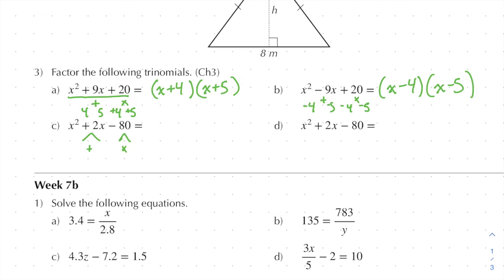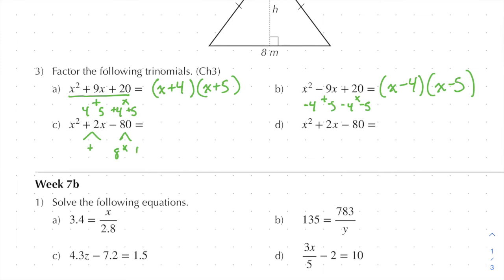No. 6 doesn't work. 7 doesn't work. 8 and 10. 8 and 10 do. Now, one of them has to be negative and one of them has to be positive. In this case, since they have to add up to plus 2, our 10 has to be positive and our 8 has to be negative. So our two factors will be x minus 8 and x plus 10.